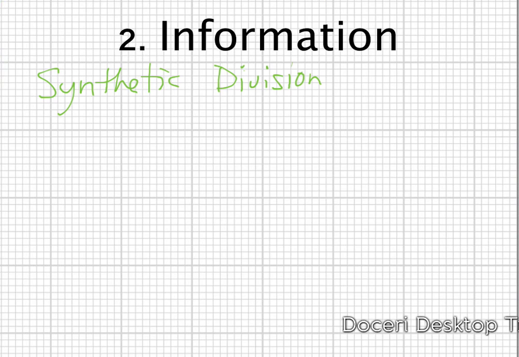So let's think back to our Javelin example. We had h of t equal to negative 16t squared plus 74t plus 5, and we divided this by t minus 3, okay?